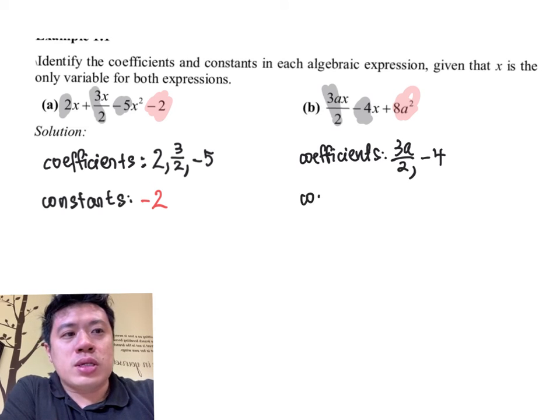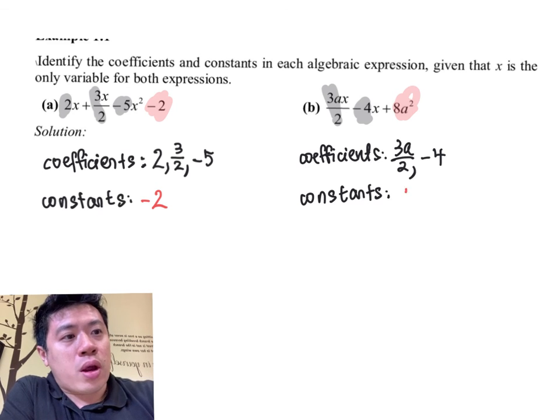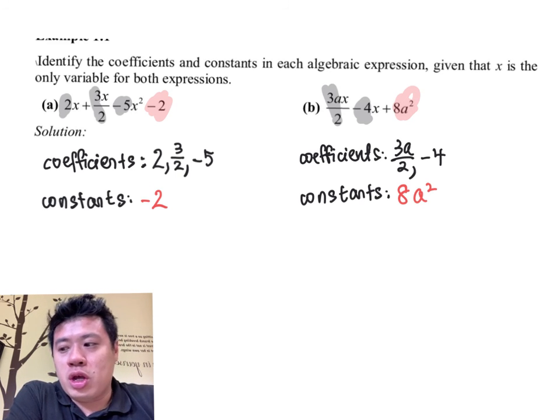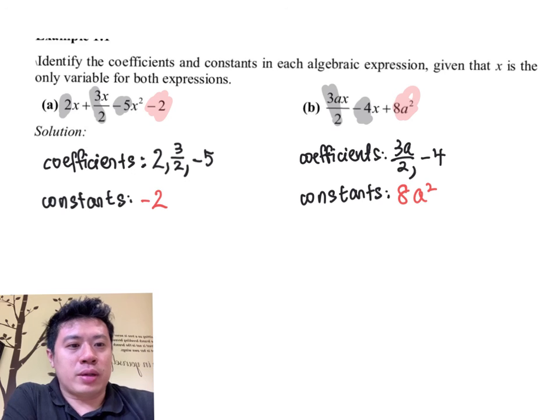And our constant here is none other than 8a squared. Remember, constants are the terms that do not change regardless of x. It does not contain an x in the term itself. So that's all for example 1.1. Thank you.